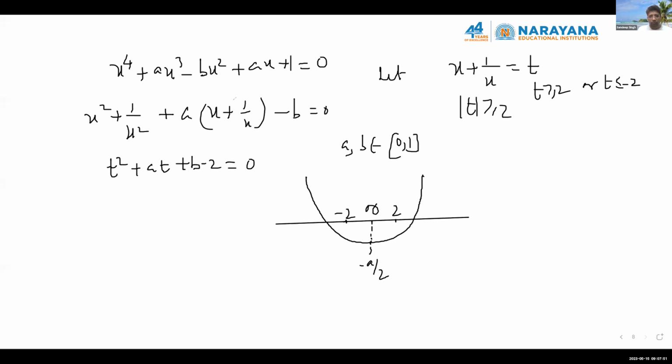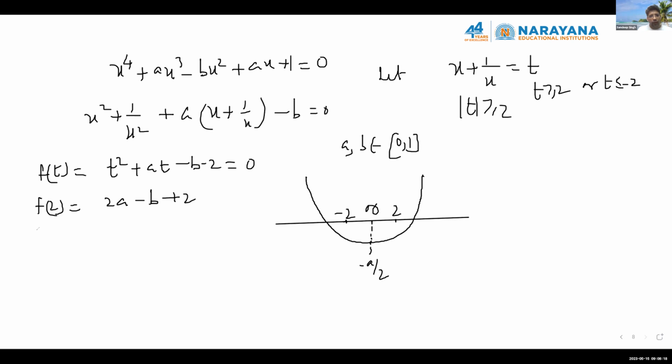Minus b minus 2. Correct. In the equation, I have written plus, no? So this is minus. Thank you. So this is minus b minus 2. Now, let me call this f of t. So what is f of 2? f of 2 is going to be 2a minus b plus 2.